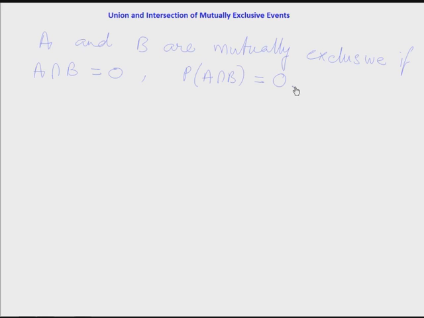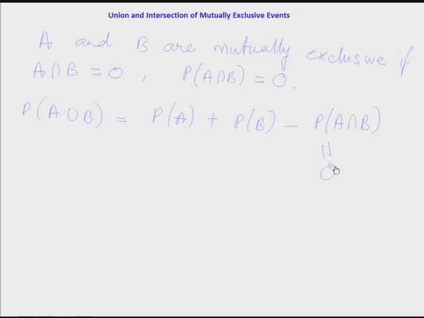So these are very special types of events which don't interact at all. They have no outcomes in common. If one event occurs, we can be sure the other event has not occurred. Let's put this in the formula for the union. P(A union B) in general is P(A) plus P(B) minus P(A intersection B).